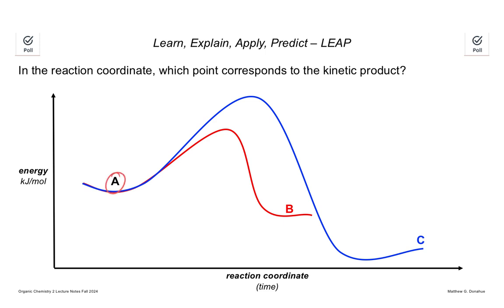So A is starting material. B plus C are products. And so if I were to just write the equation, you can see that because they're separated by that arrow.